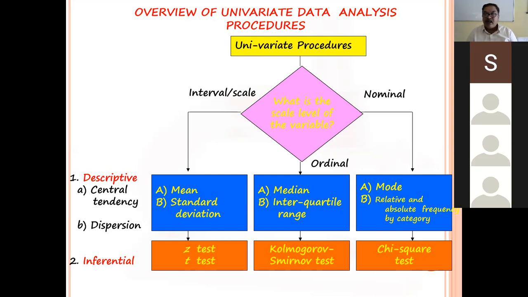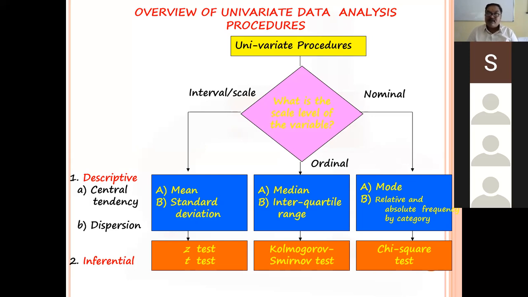Assume that you have only one variable. It may be a nominal variable, an ordinal variable, or an interval or ratio scale variable. If it is a ratio scale variable, any example you can take is marks of the students. Since you are all teachers, you should know marks of the students.